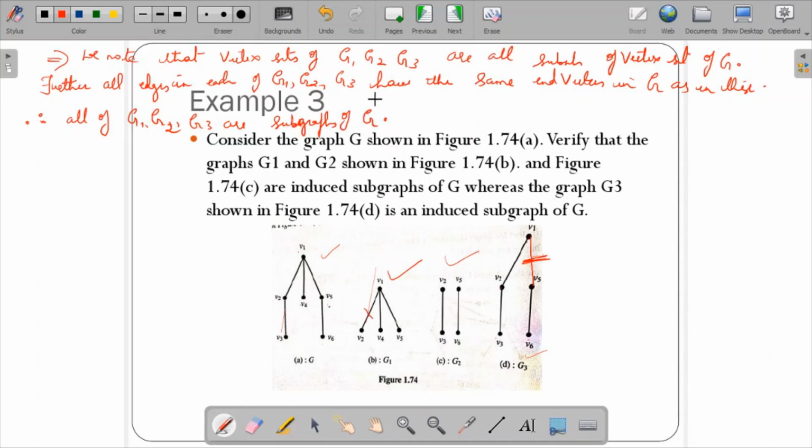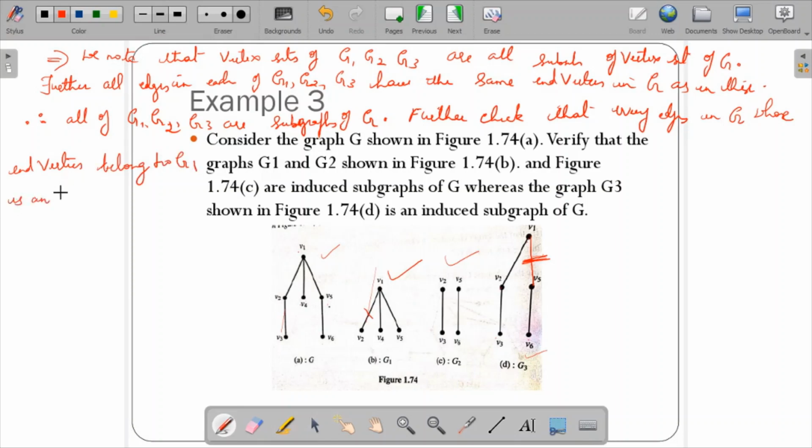So we'll check whether G1 is an induced subgraph. Further, we check that every edge in G whose end vertices belong to G1 is an edge in G1.